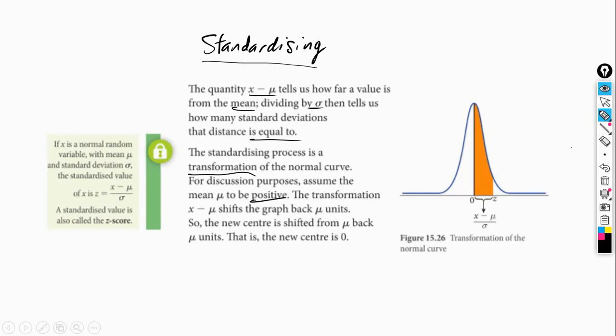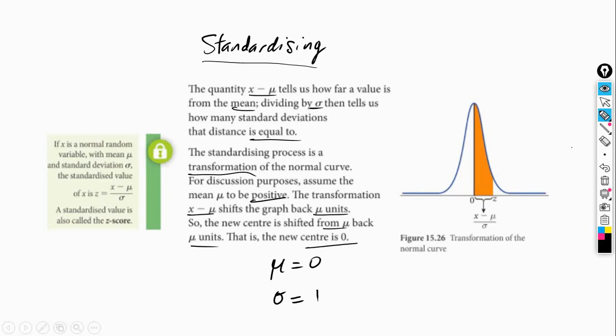The transformation x minus mu shifts the graph back mu units. So the new center is shifted from mu back mu units. So that means that the new center is 0. The new mean is going to be 0. And also, the standard deviation is going to be 1.